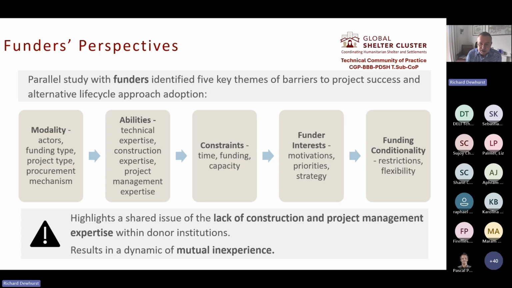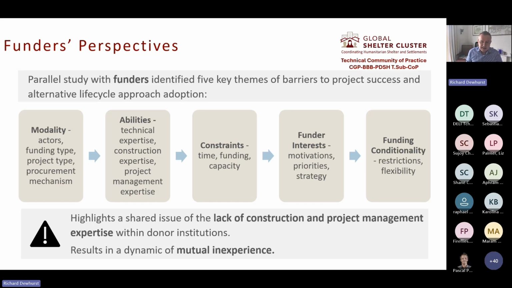So when I spoke to the funders to understand their perspectives on project success and the acceptability of the alternative lifecycle approach, five themes emerged. First, modality. This covers the type of actors involved, the type of funding, for example is it a loan or a grant, and the type of project. Secondly, the abilities, which is similar to what we saw with implementers, so we're thinking technical, construction, and project management expertise.